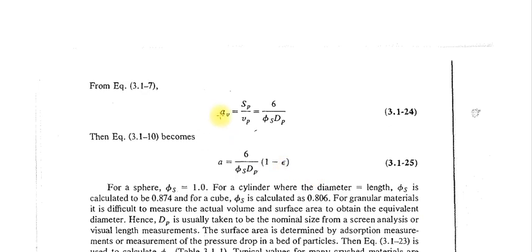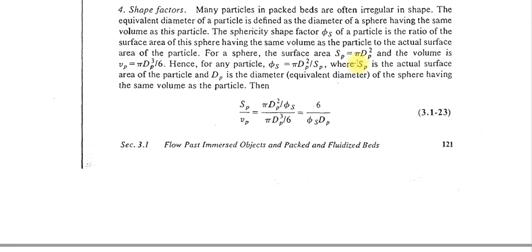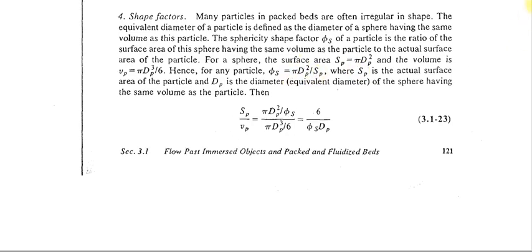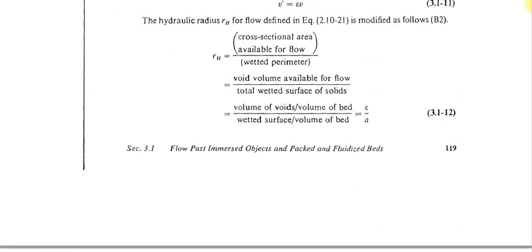So it is called Av also. So Av equals 6 by φs dp, and A can be written as 6 by φs dp times 1 minus ψ. So it is nothing but we have just substituted the value of φs from this formula into the actual formulas given earlier.